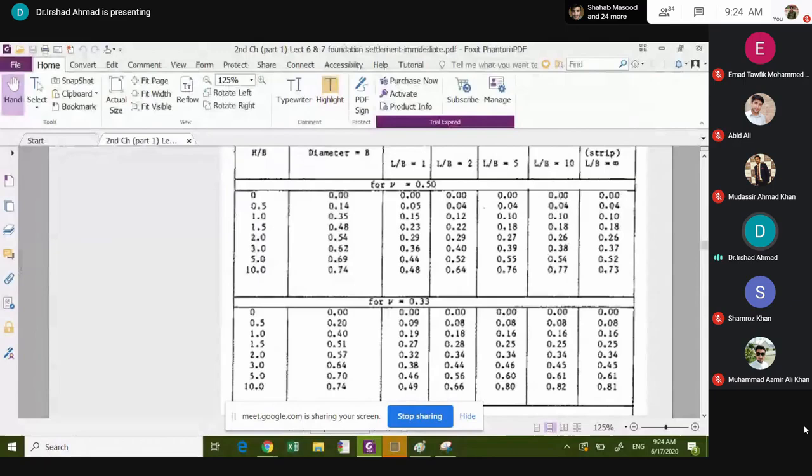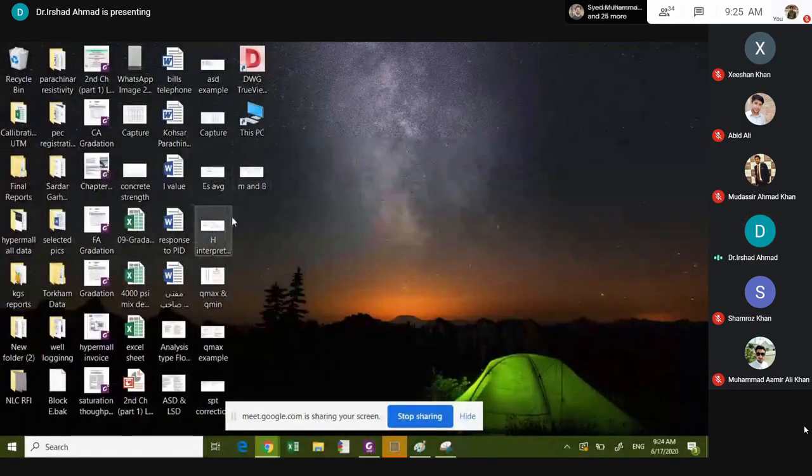You have to interpolate the value, and I have already done that interpolation for you here.